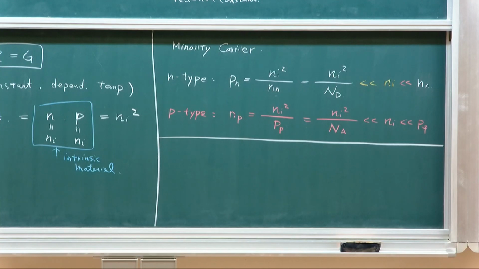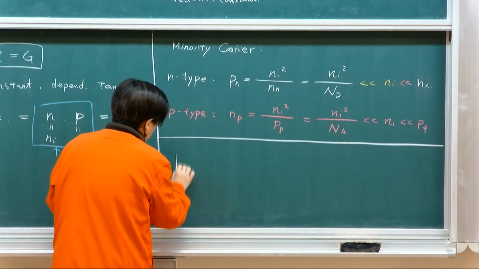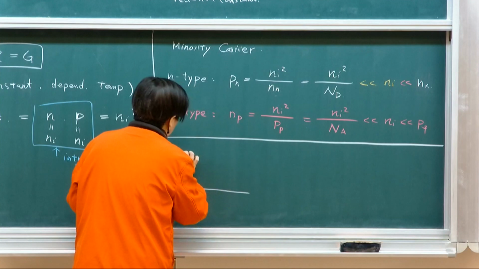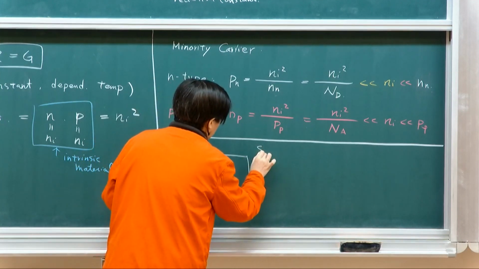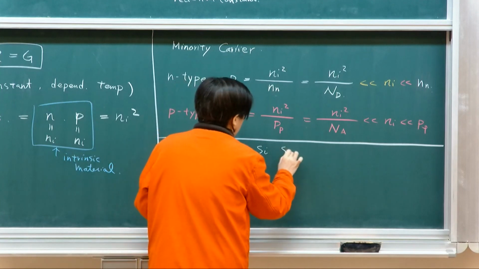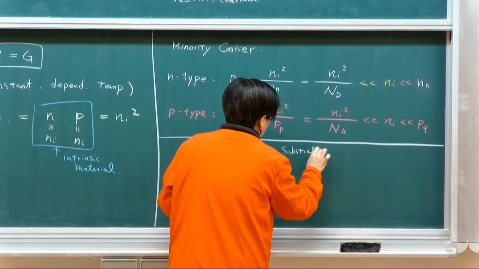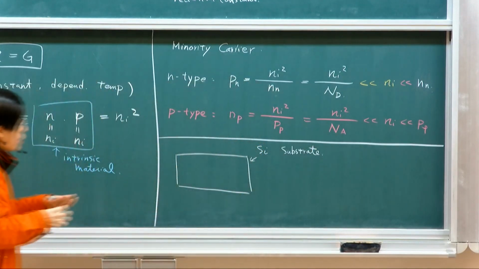Okay, I want to discuss something: in common practice, you go buy a piece of wafer. If you start with a wafer, we typically refer to, let's say, a silicon wafer, or sometimes a silicon substrate. So we start with a silicon substrate.